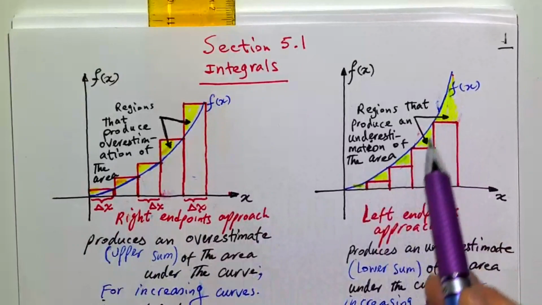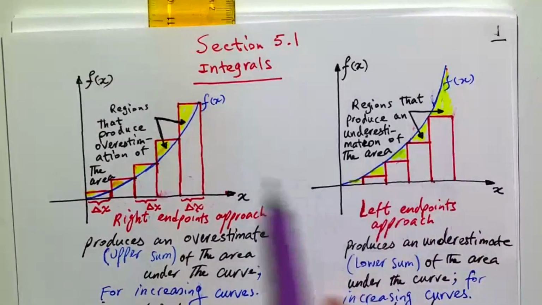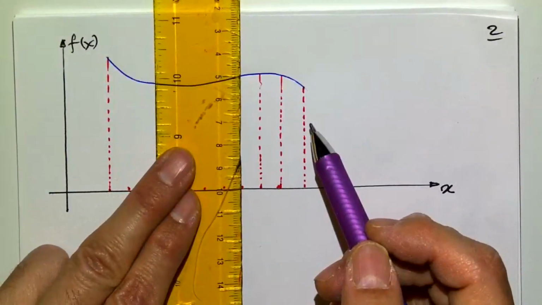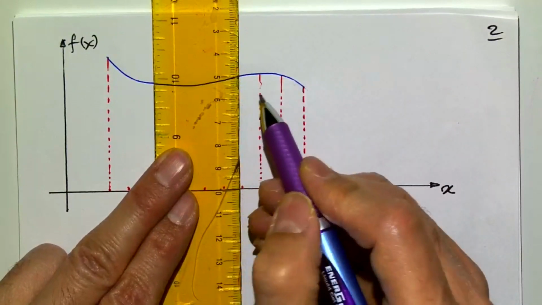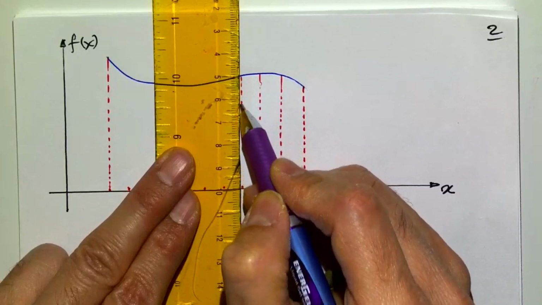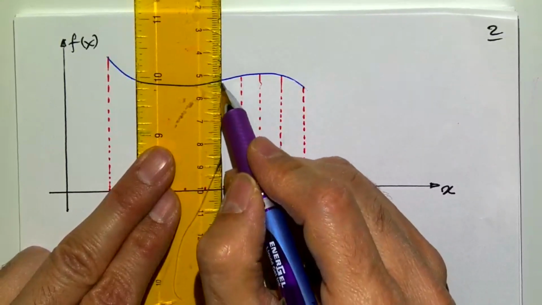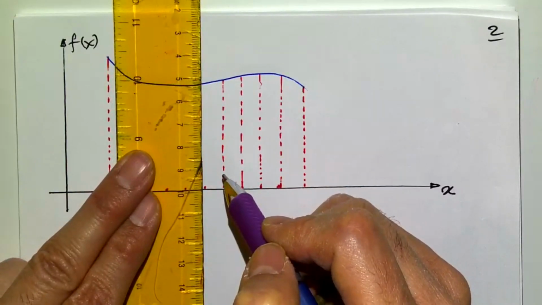Here they are going to help us underestimate. So these yellow areas are going to be infinitely small if we decrease the width of these rectangles, as I'm trying to show in this picture. Manually, we can only show this so much.